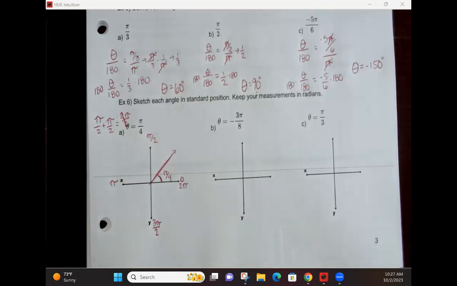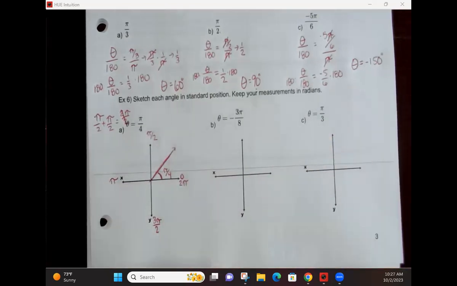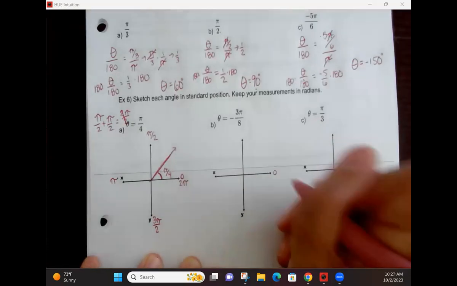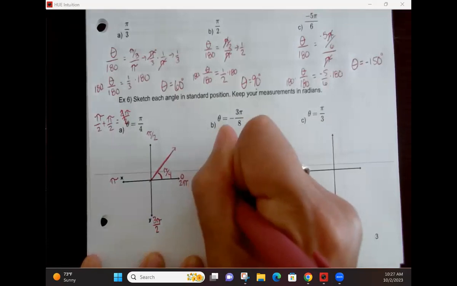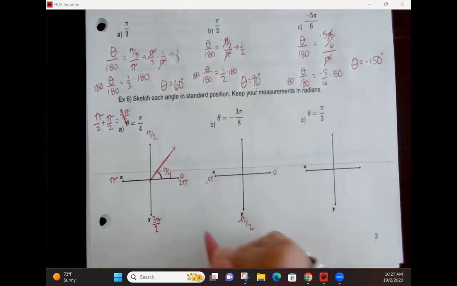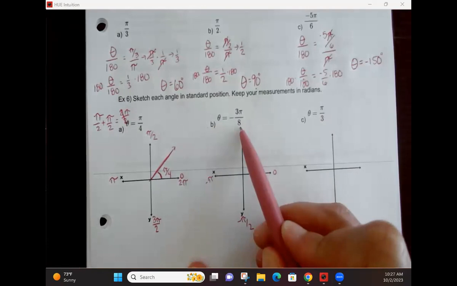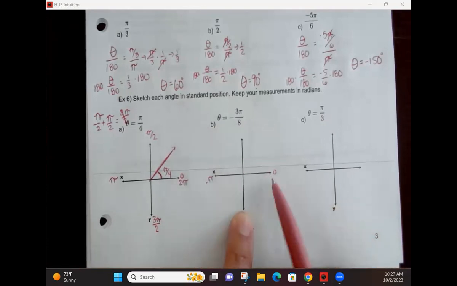If my angle is negative 3 pi over 8, negative means we're going clockwise. So 0, this would be negative pi over 2. This would be negative pi. If I'm going negative, we're going down this way. Is this greater than or less than 1/2? It's less than. 3 over 8 is less than 1/2. So I know it's got to live in quadrant 4.